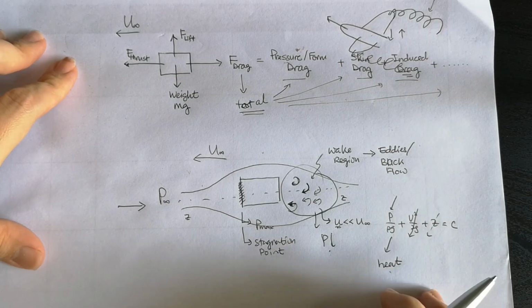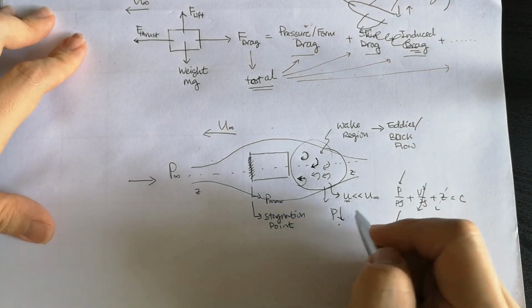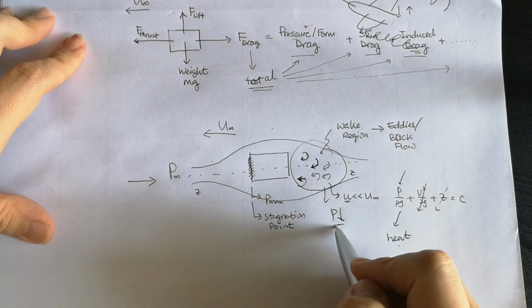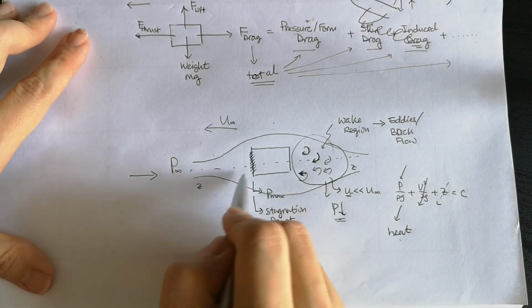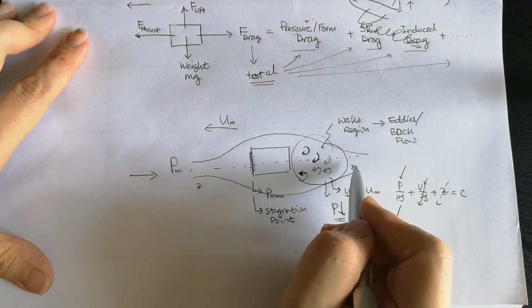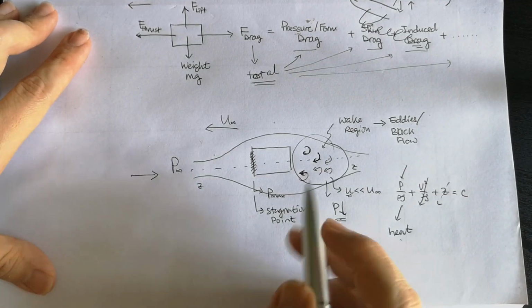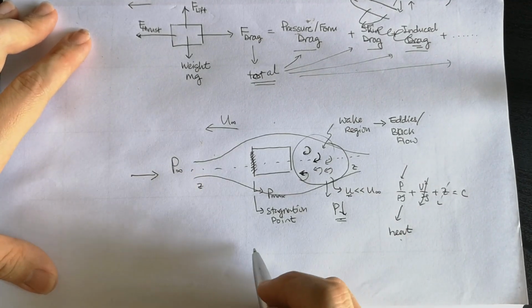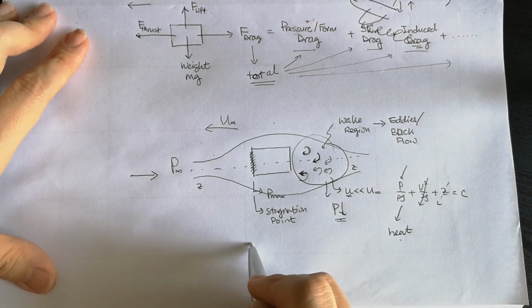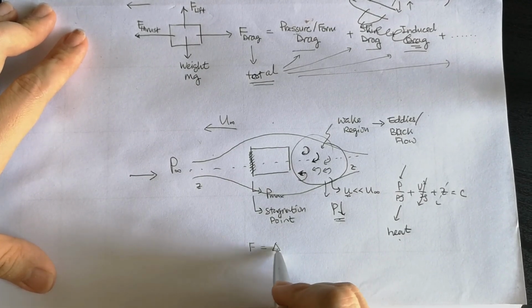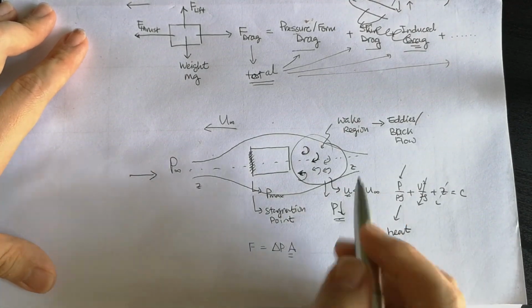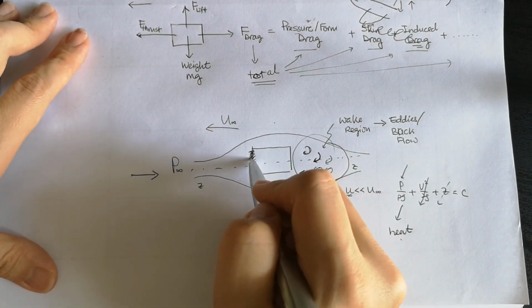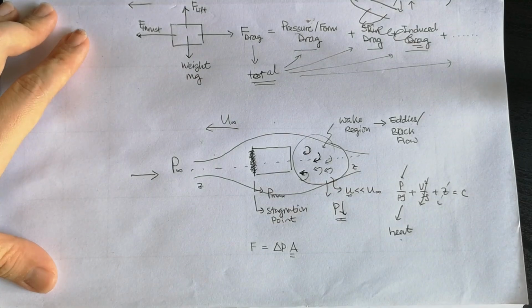Now let's see, when the pressure behind the object is reduced while the pressure in front is higher than the one behind, let's take a very simple concept. Force is equal to the change of pressure multiplied by the cross-section area. This cross-section area simply refers to the frontal area or the projection area.